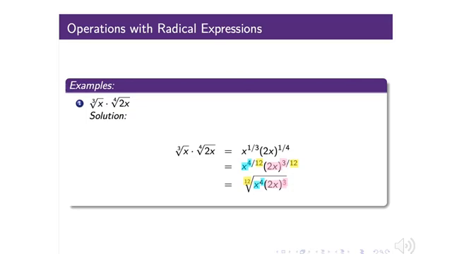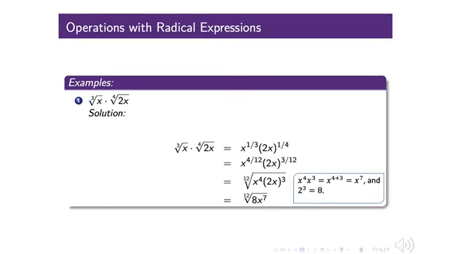Third step, we rewrite the expression in radical notation using the product property of radicals. So we have the 12th root of x raised to the power of 4 times (2x) raised to the power of 3. Next step is to simplify the radicals.